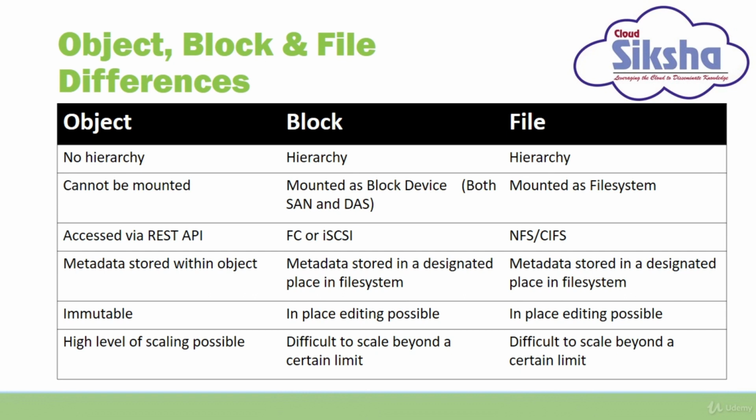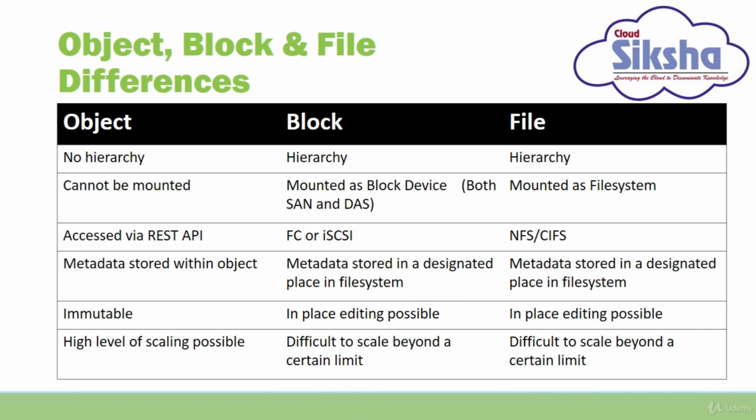So hope this gives you a clear idea of object, block and file. Depending on the cloud provider, they may expose all this to you, or they may not expose it to you. Each of them has a solution for object store.